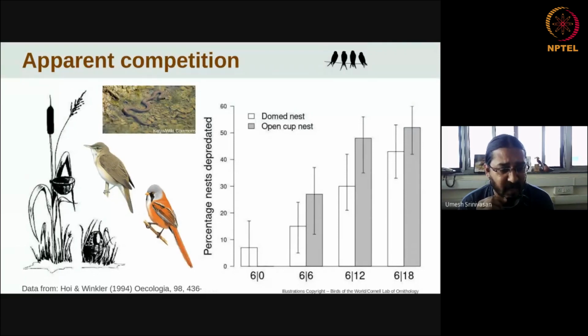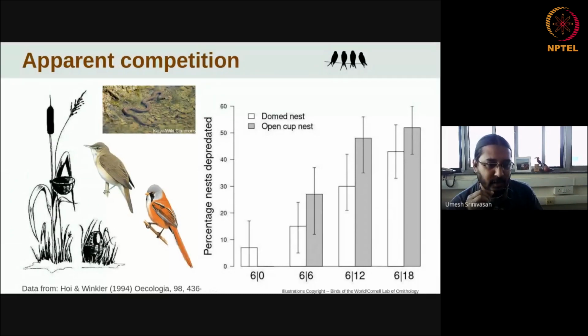To the left of the hyphen is the number of dome nests, and to the right of the hyphen is the number of open cup nests. So the number of dome cup nests is the same in all these treatments, and the number of open cup nests is increased from 0 to 6 to 12 to 18.